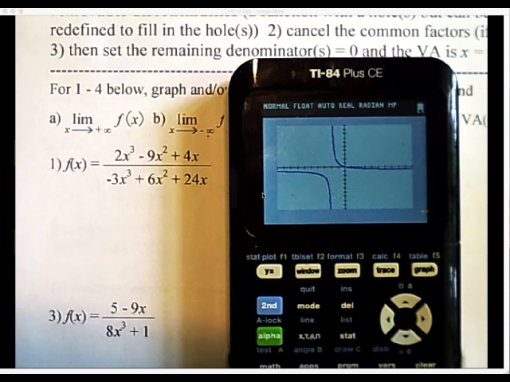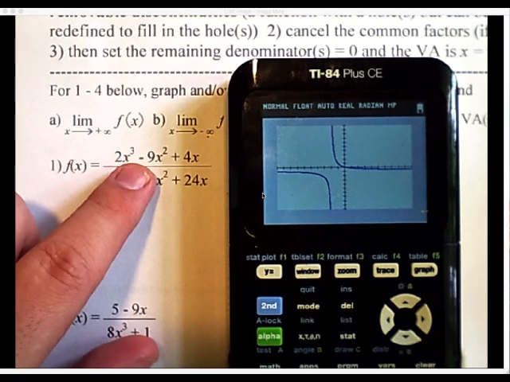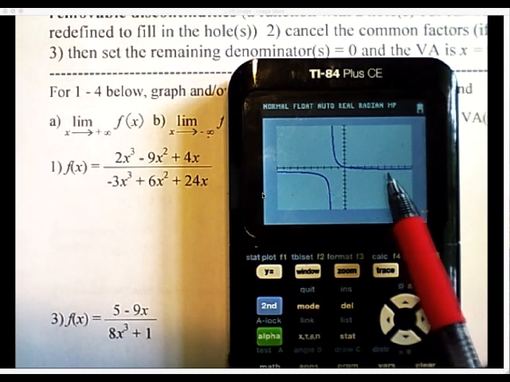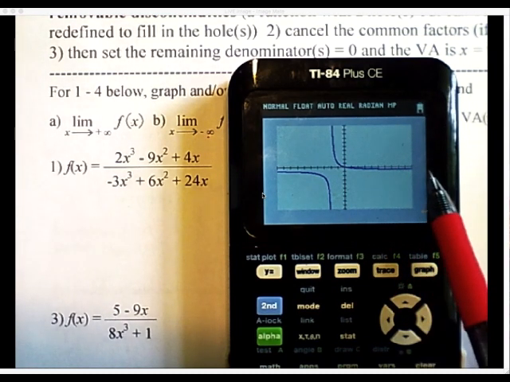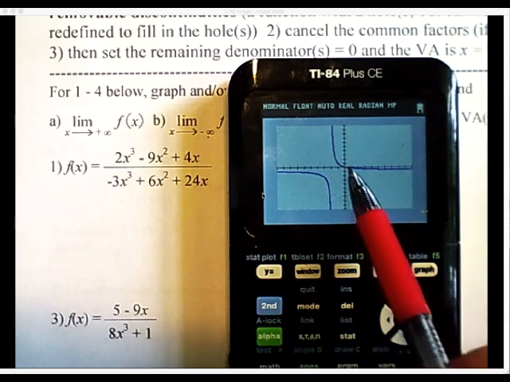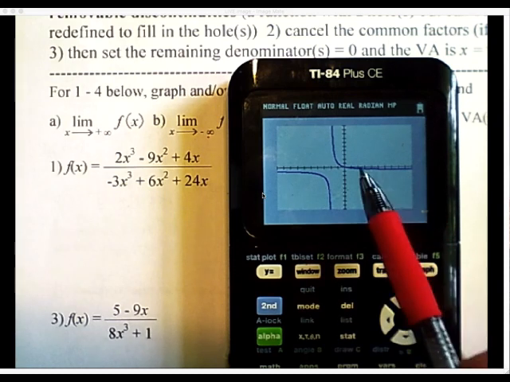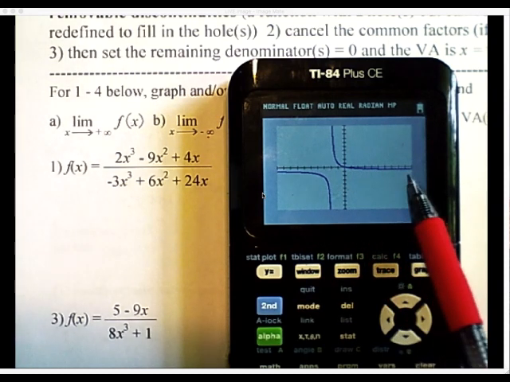Okay, so that's a rational function, rational because this is a fraction. And let's try to look at some of this. As I go further and further out towards positive infinity, it looks like this graph is leveling out. We're getting horizontal at some value just underneath the x-axis.